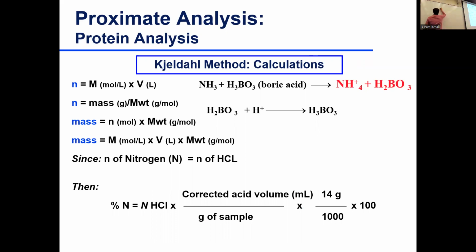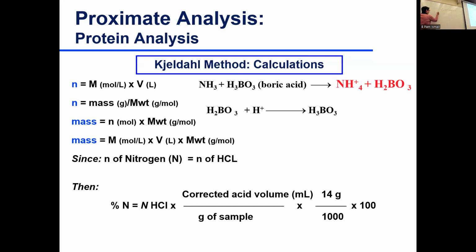So you have the ammonium chloride reacting with your HCl. At equilibrium, you have here one nitrogen. So number of moles, let me write it out.